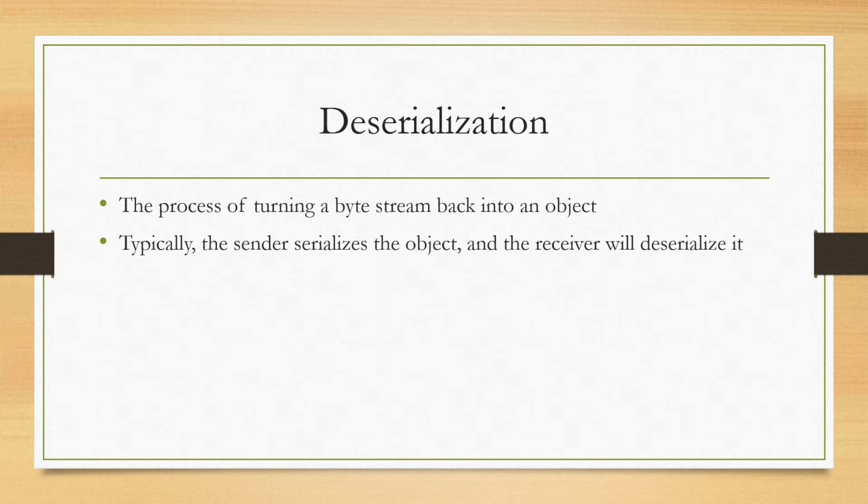We might put the object type at the very beginning, and then the person who receives it sees what kind of object it is, sees the properties in the byte stream, and builds the object based on that information. So the typical flow is that the sender will serialize an object and send it off, the receiver will receive it and deserialize the byte stream back into an object, and in the end they'll be able to transmit data in this way.